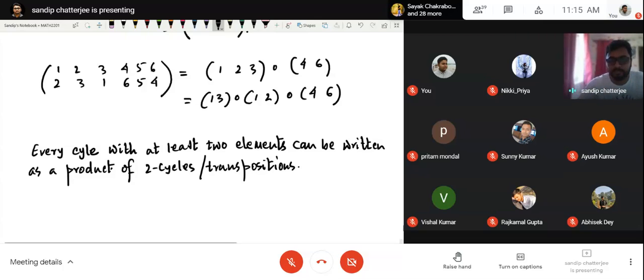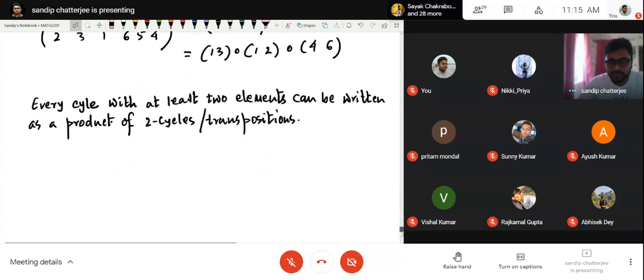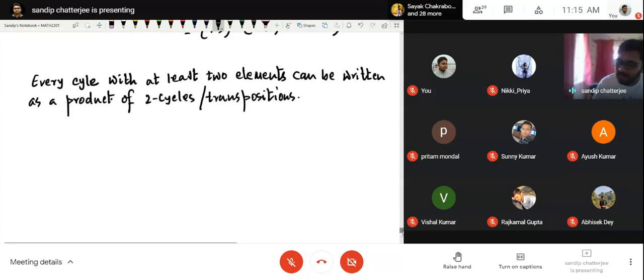The example you can see above. And we have earlier seen that every permutation can be written as a product of cycles.